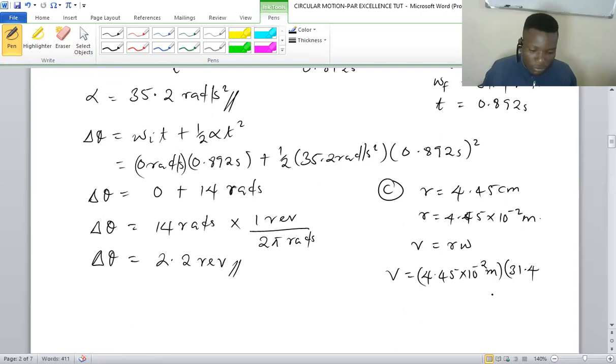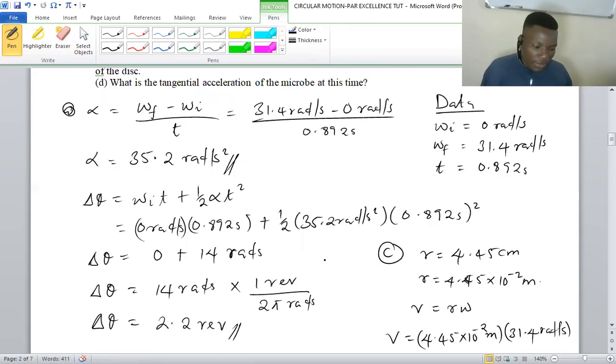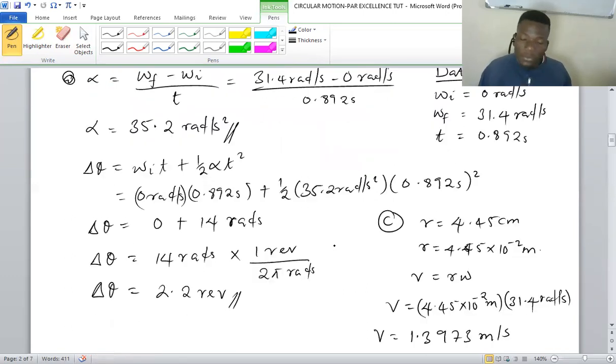That will give us the linear velocity. So the linear speed is 1.393973 meter per second, which we can just round off to 1.4 meter per second. Okay, so we have found that one.